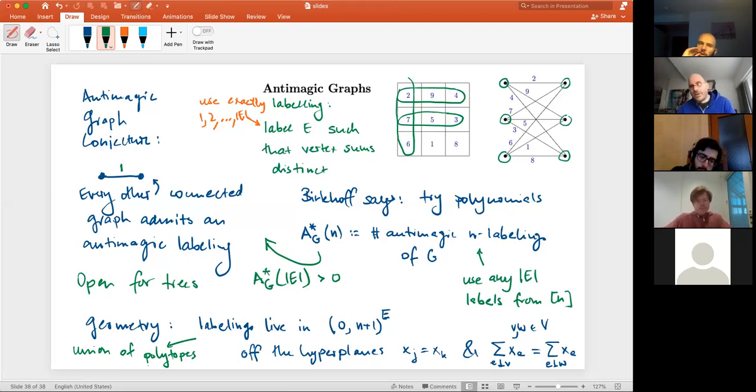They're at the very least rational, right? They're given by constraints with integer coefficients. Okay, what does that mean? Well, that means this thing here is a quasi-polynomial. Guaranteed.